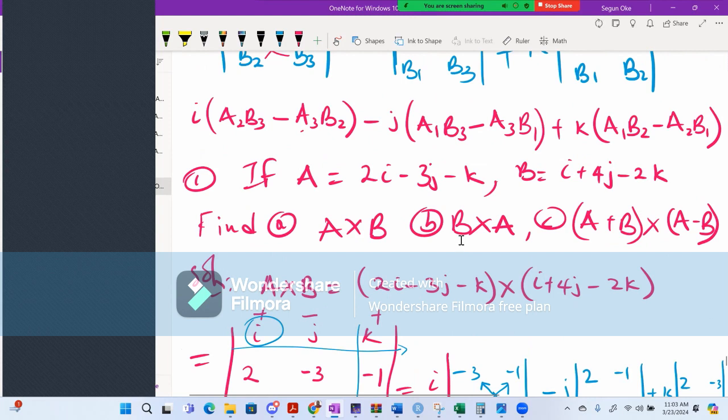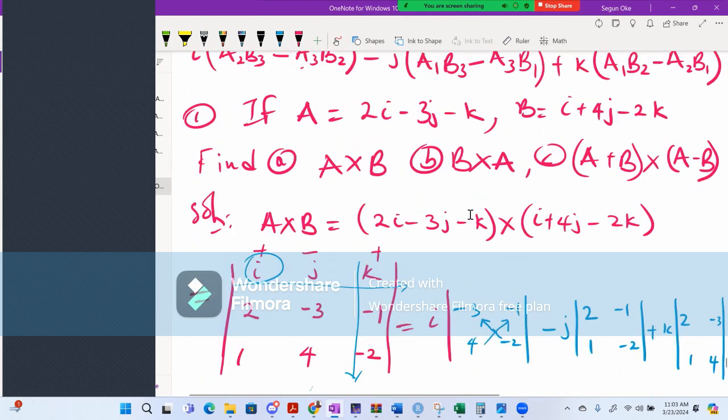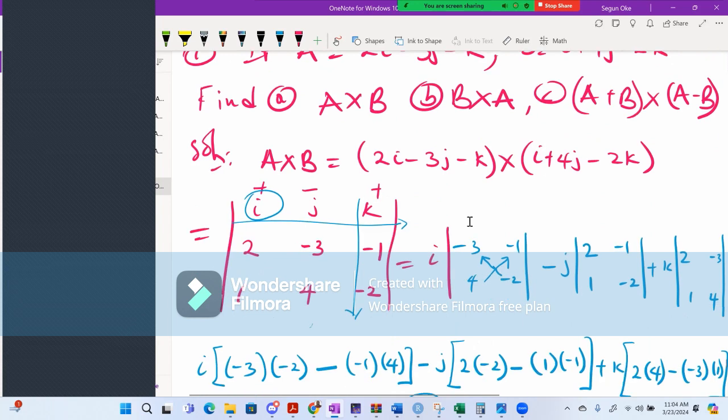That is B cross A now. Don't say it's going to be the same thing, but until you try it, you will know it's not going to be the same thing. B will come front, A will follow. So, any question?